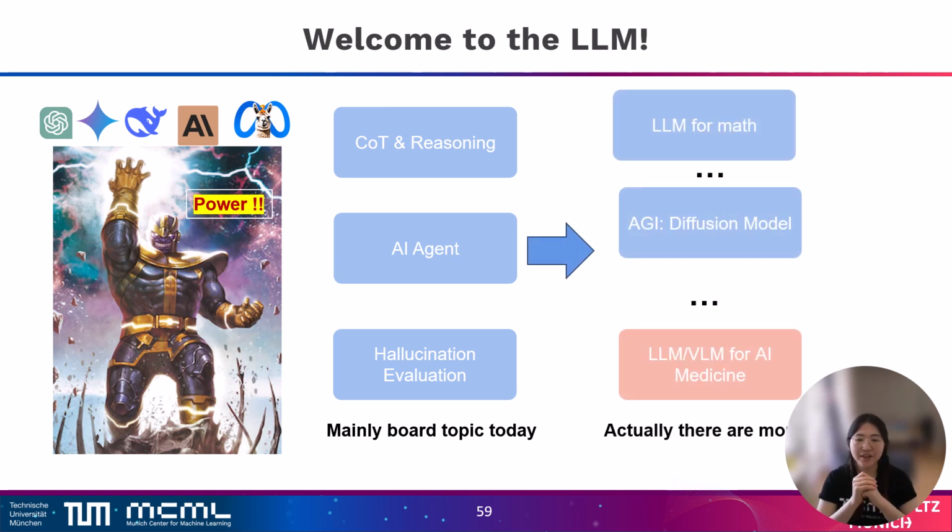But actually, there are more topics in vision language models and large language models: maybe large language models for math, AGI, AI generated content, diffusion models, and also large language models and vision language models for AI medicine. This is the most important topic in our seminar. And also in the next course, we will introduce more about vision language models for AI medicine.